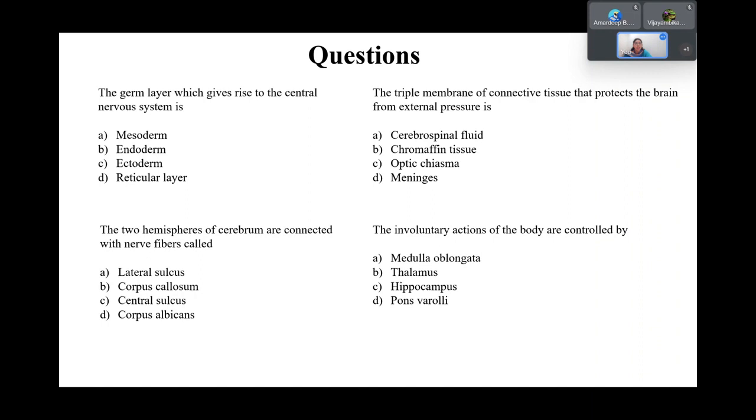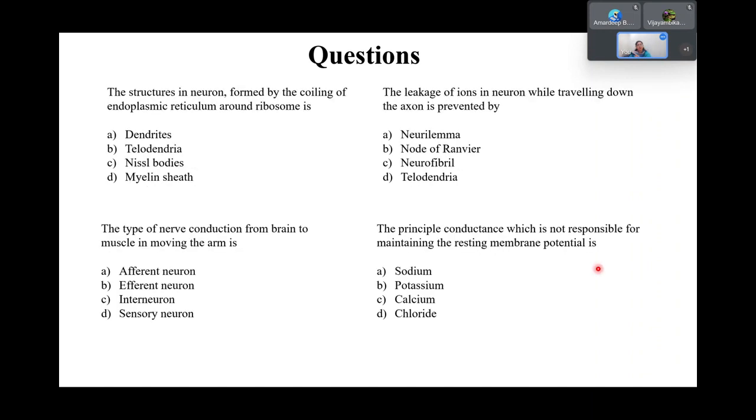Next, the structures in neurons which are formed by coiling of endoplasmic reticulum around ribosomes are which of these? And we have discussed this. Next, the leakage of ions in neurons while traveling down the axons is prevented in which of these layers? This I have discussed multiple times now. And next, the type of nerve conduction from brain to muscle is carried by which of these neurons?